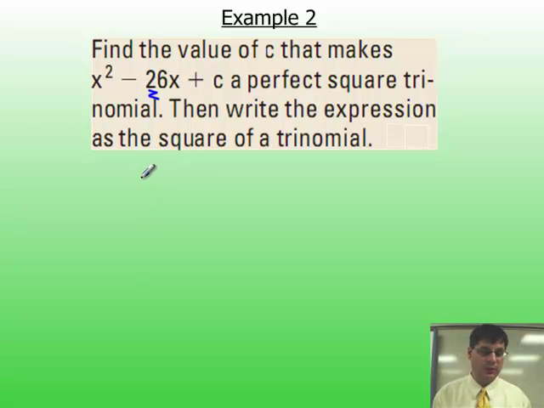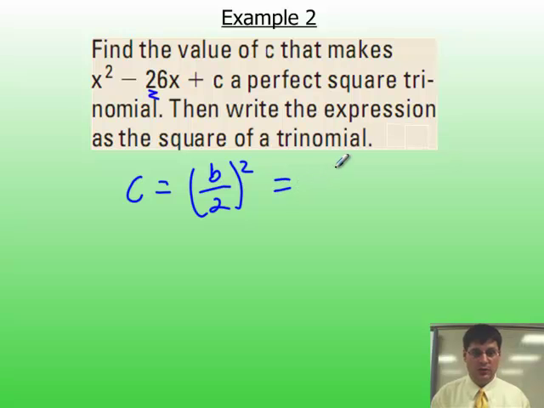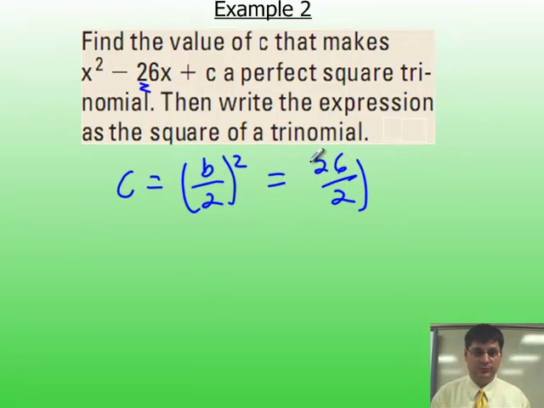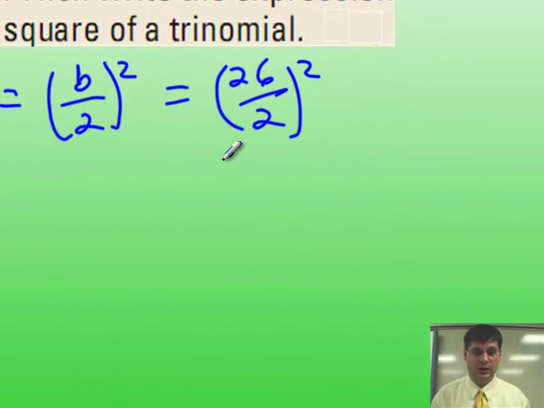So my value of c is equal to, we take that 26 term and we're going to divide it by 2. So that's b divided by 2, and then we're going to square it. So in other words, we're going to take 26, divide that by 2, and we'll square it.